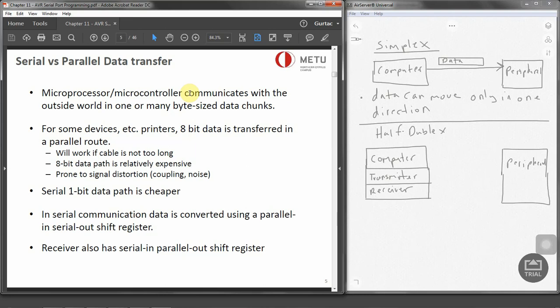And on the other side, we have got a transmitter and receiver.